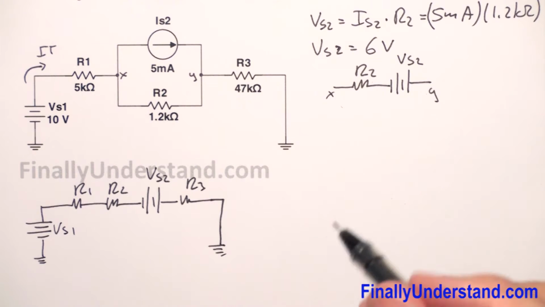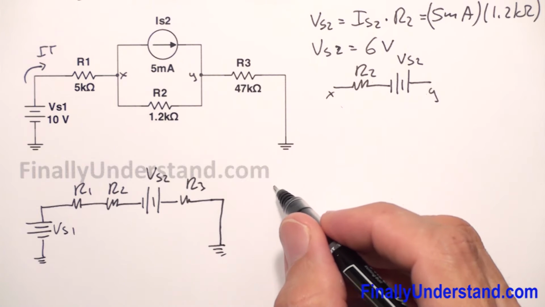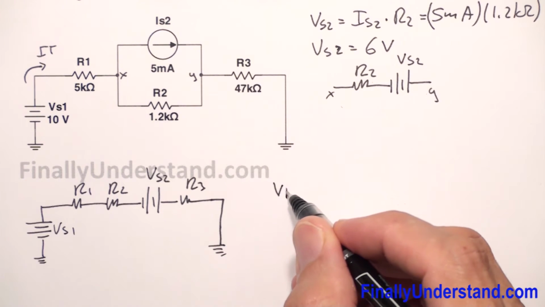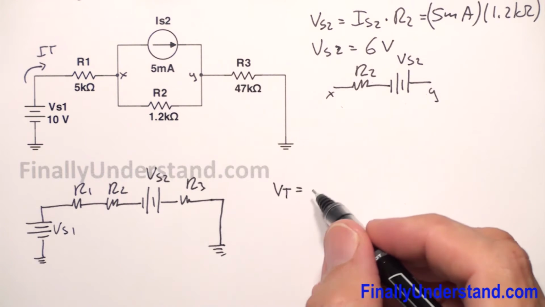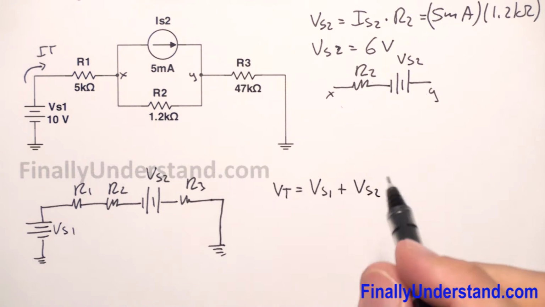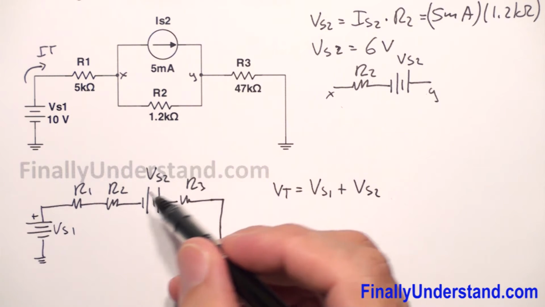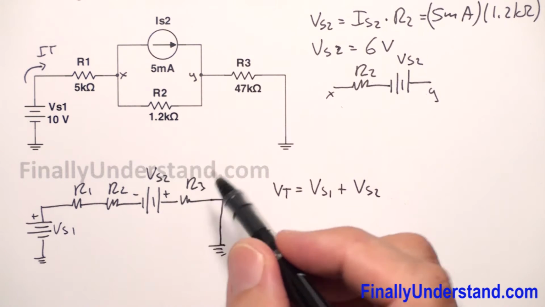So what I would do first, I would find V total. V total is going to be equal to voltage source 1 plus voltage source 2. The question is why we add these two voltages together. Because this is the positive terminal, this is negative, this is positive.